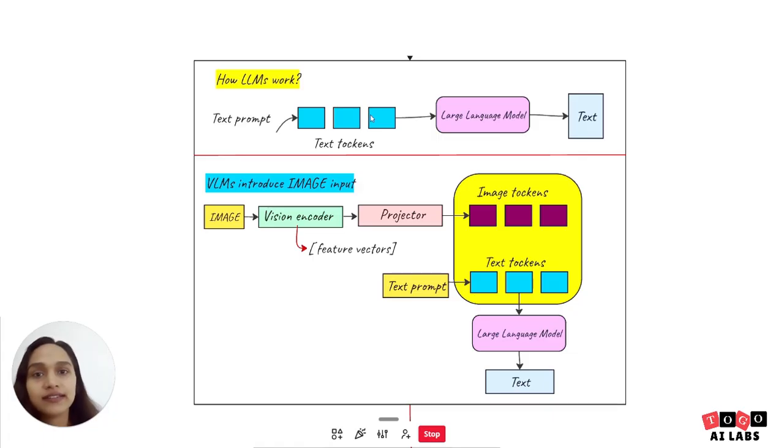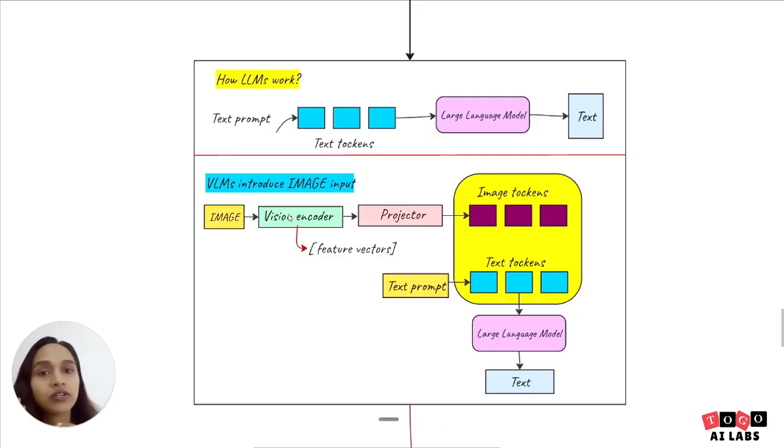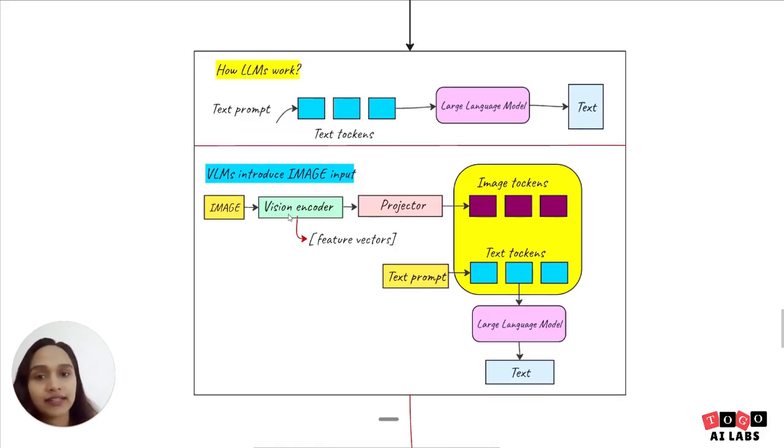Let us see how a vision language model works. As we discussed, an LLM cannot directly work with raw images. It processes text tokens. So if there is an image, it needs to be converted into a format that the LLM can understand. And that is where a vision encoder comes into play. Unlike a large language model which tokenizes the words, the vision encoder processes images as high-dimensional numerical data.